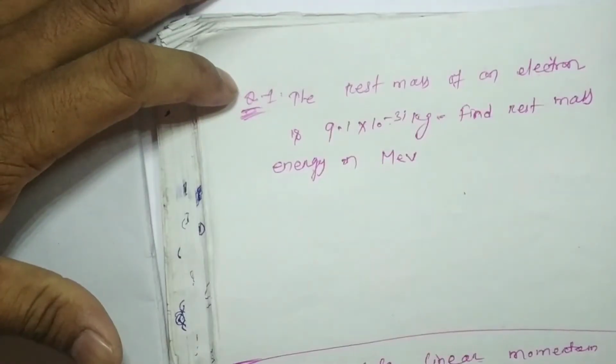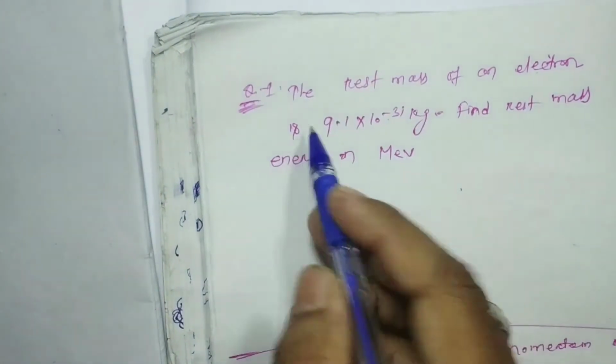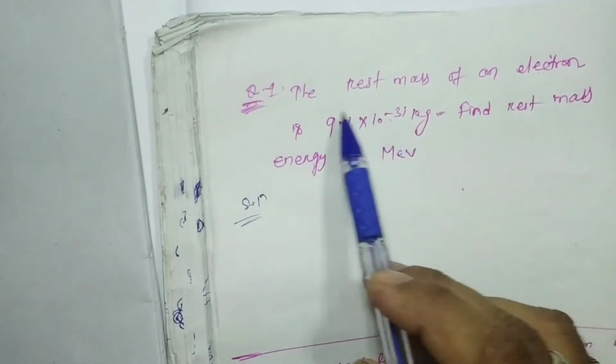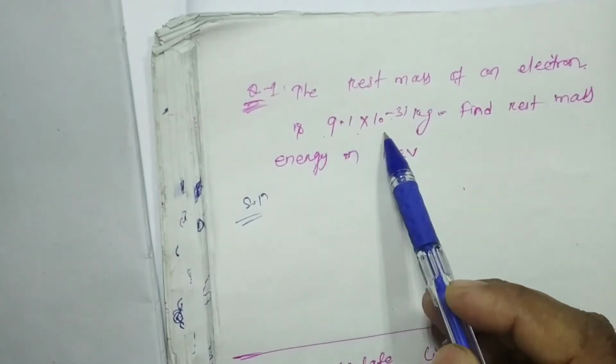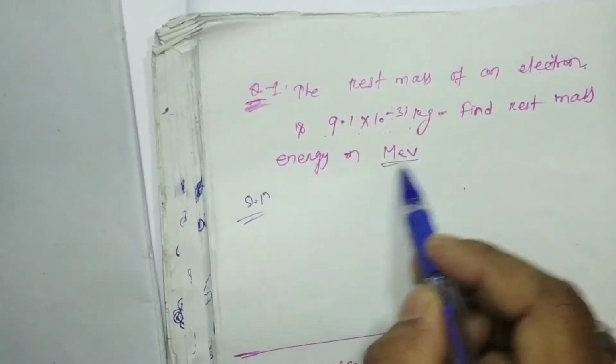I am going to explain the questions and solutions one by one. You just write down the question and then the solution. The rest mass of an electron is 9.1 times 10 to the minus 31 kg. Find the rest mass energy in MeV.